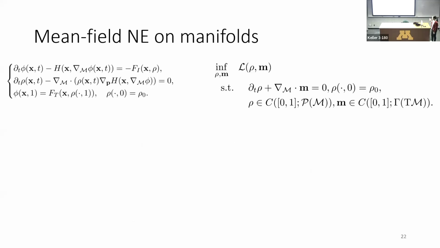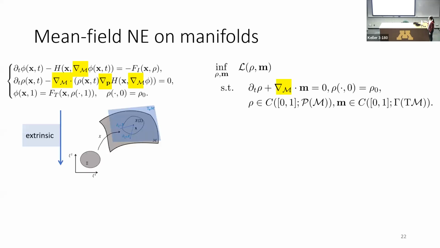So the next question is, how do we solve it on manifold? Still, if we take a look at the PDE formulation, besides the nonlinearity and the forward-backward structure, now you have a gradient operator on manifold.